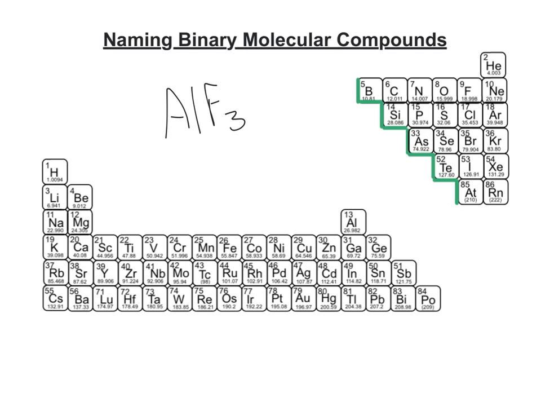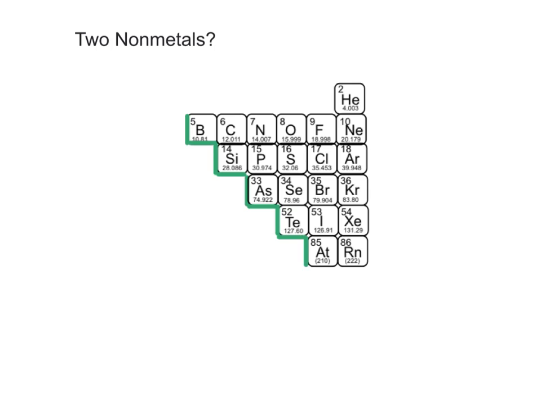And all we need to do to name the compound is name the cation and name the anion, because there's no other way for aluminum with a 3+ charge to pair up with a fluoride with a -1 charge other than AlF3. But what happens when two nonmetals come together to form a compound?